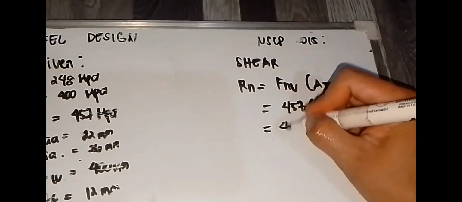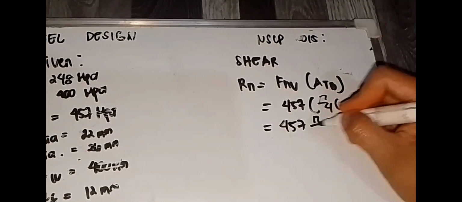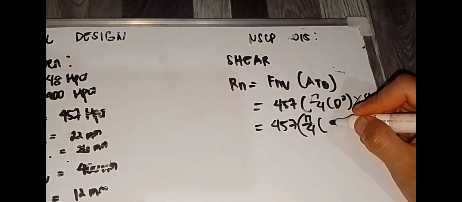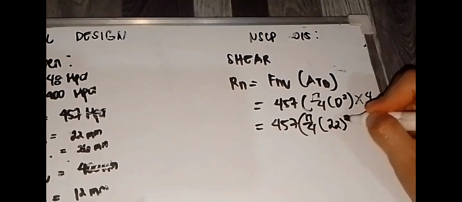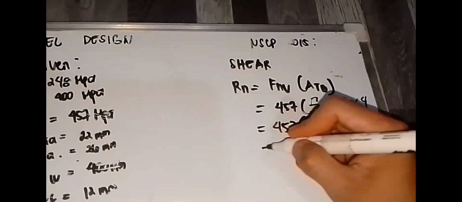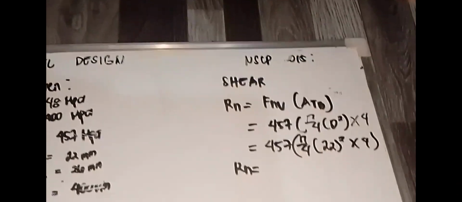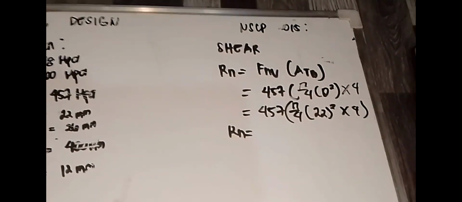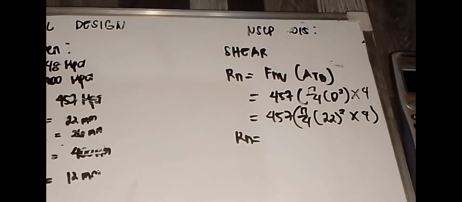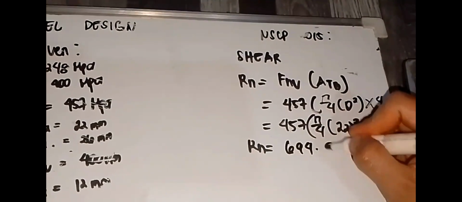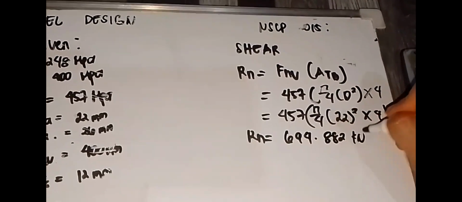So substitute: 457 times pi over 4 times the diameter of the bolt, which is 22 squared, times 4. So compute the Rn, you can get 694.882 kilo Newton.